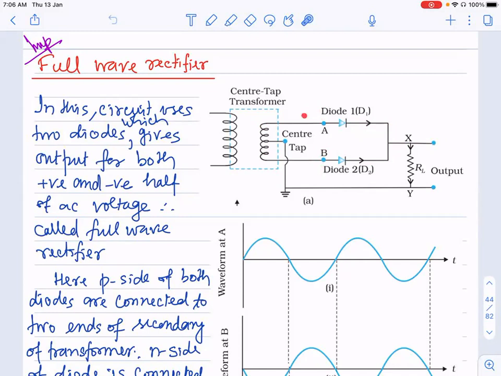When negative half is here, positive half will be here. So one of the diodes will always have positive half and hence will conduct. या तो ये पॉजिटिव, इसको पॉजिटिव सप्लाई मिलेगी इधर से with respect to center of the secondary coil. यहाँ से कनेक्ट, यहाँ से सप्लाई सर्किट कंप्लीट हो जाएगा ऐसे.